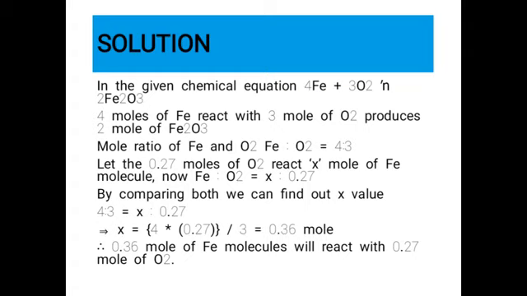So 0.36 moles of iron molecules react with 0.27 moles of oxygen molecules. Or we can also say, like we usually do, 4 moles of iron is equal to 3 moles of oxygen. Then X mole of iron will go to 0.27 moles of oxygen. Then you cross multiply.